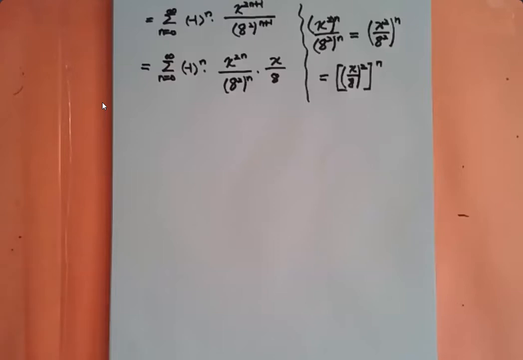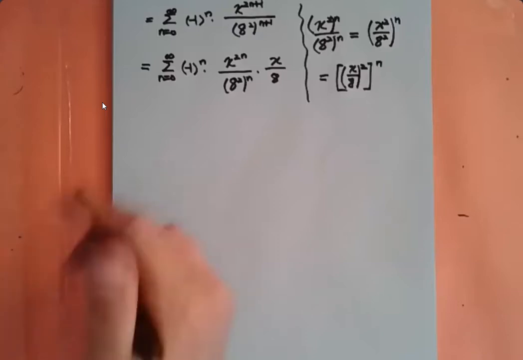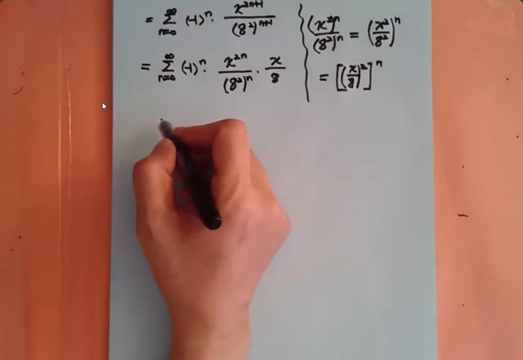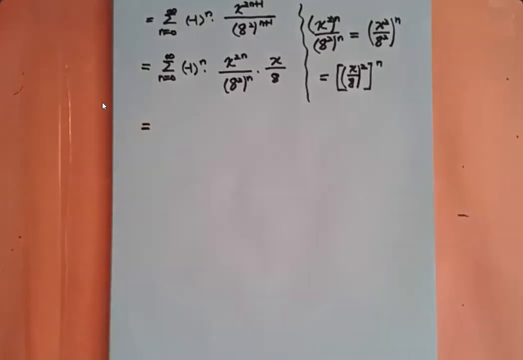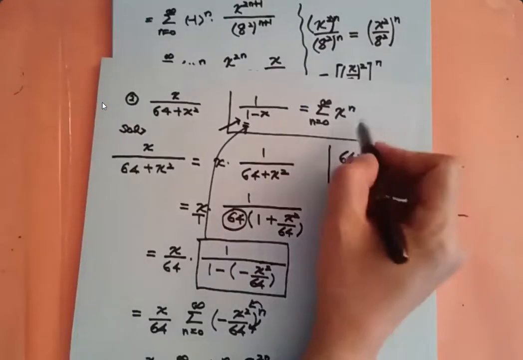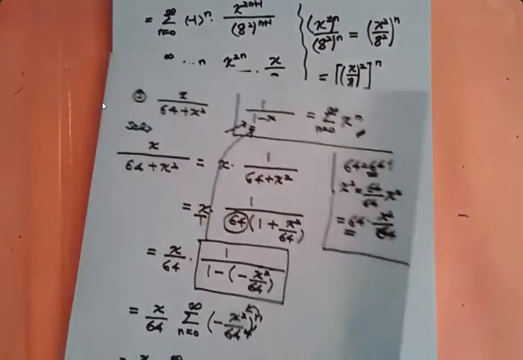So the reason we are doing this is we want to think about the radius of convergence. So we have to make the things in this format, x to the n power.